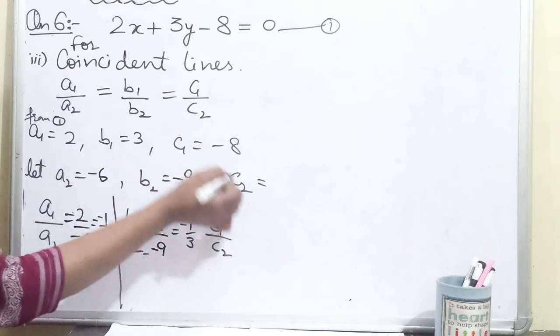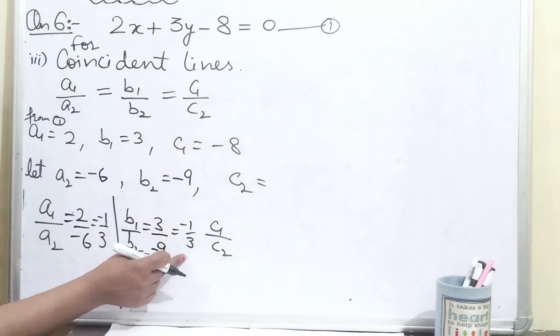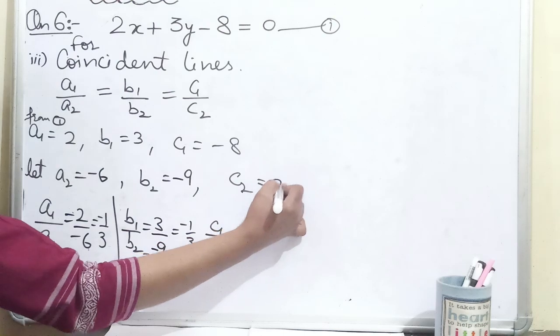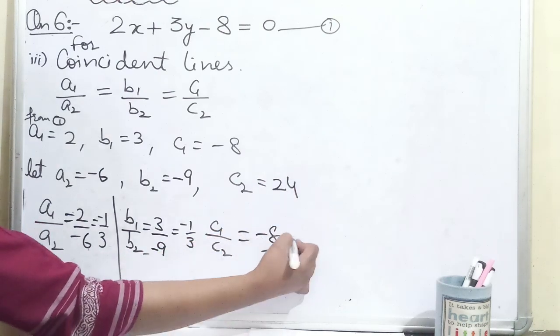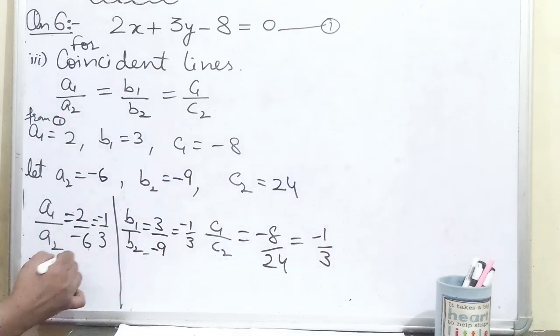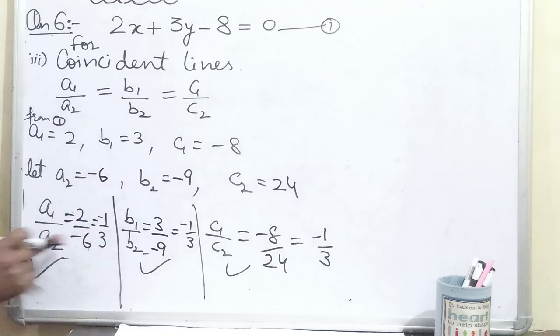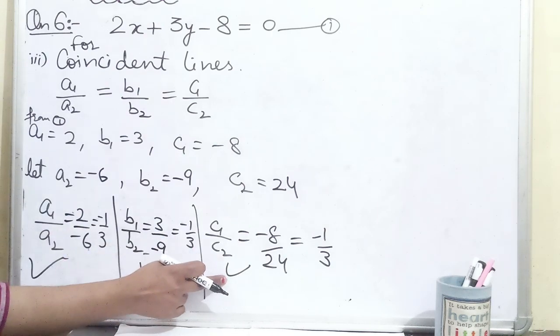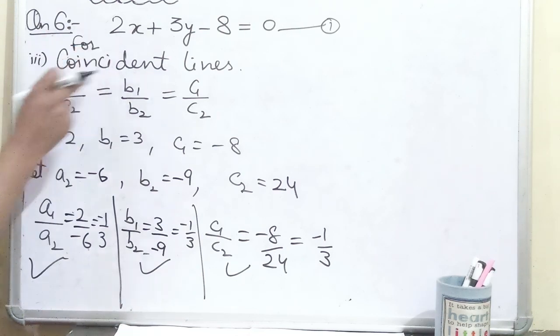And in the same way, what will be C2, so that the ratio will be 1 by 3? 8 3s are 24, so -8 by 24 again will be -1 by 3. Now all three ratios are equal, and because all three ratios are equal, we will get coincident lines if we plot them on the graph.